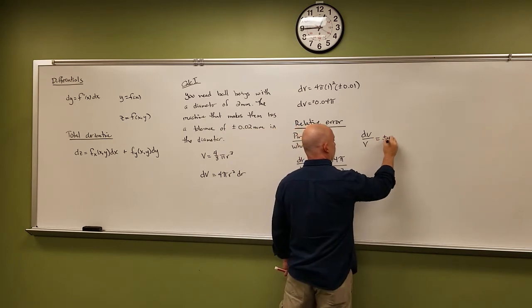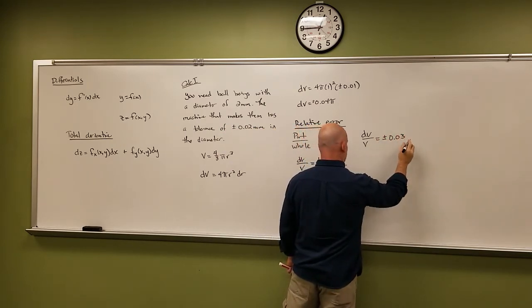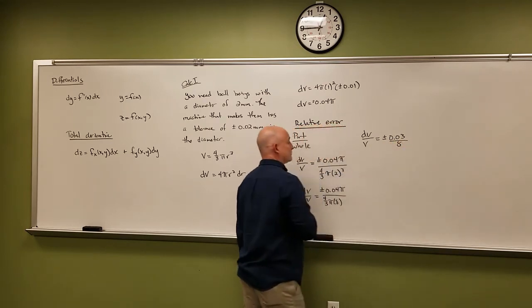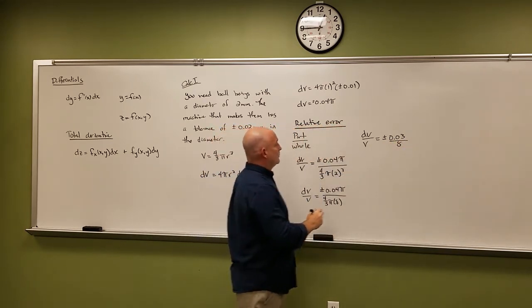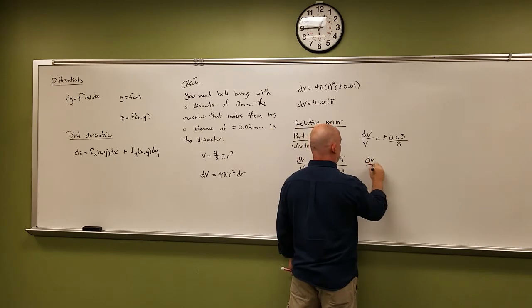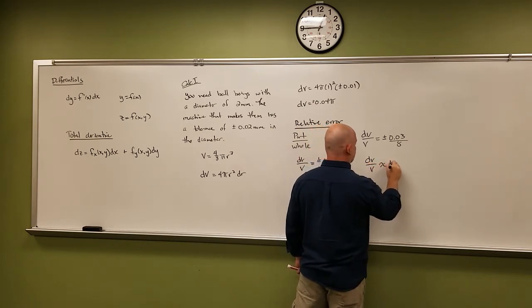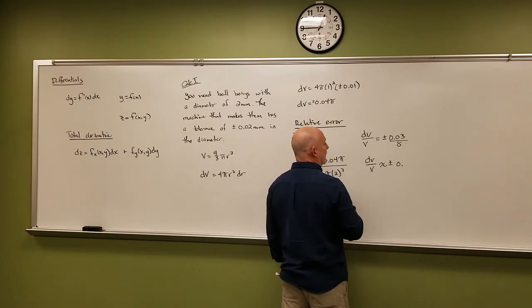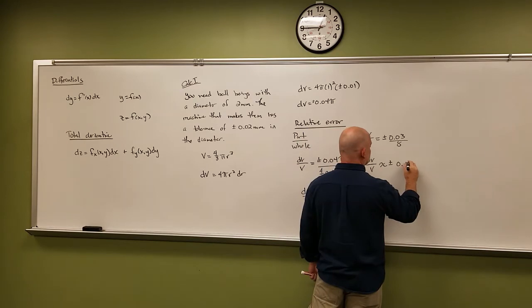This ends up being plus or minus 0.03 divided by 8. So dV over V is approximately plus or minus, let's see, 30 divided by 8 is, let's say, 0.3-ish.